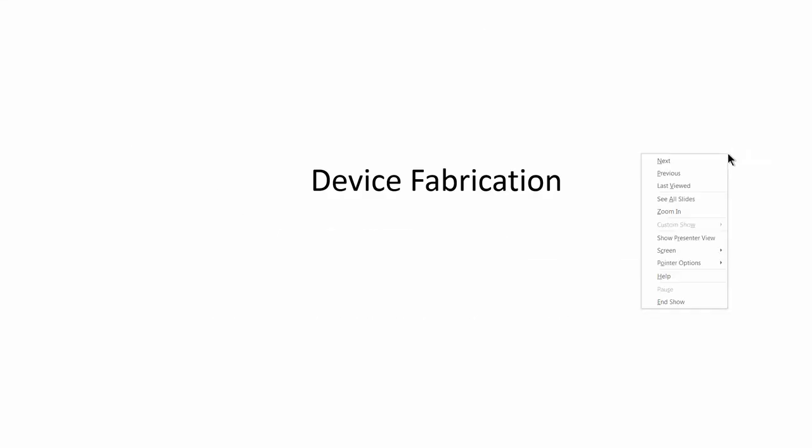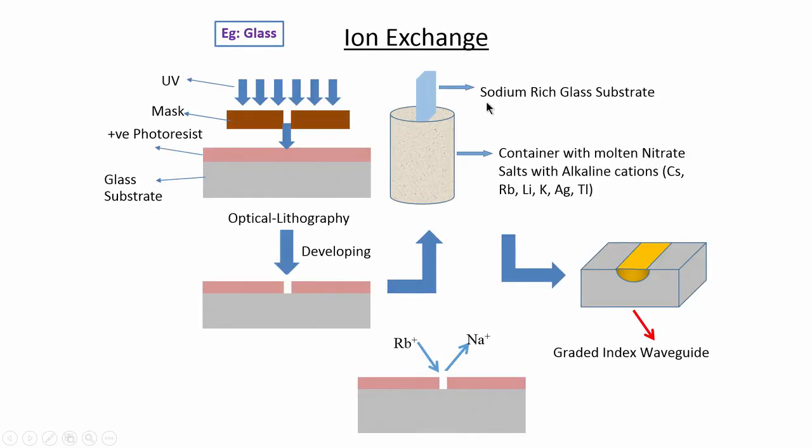So, let us look at a few device fabrication processes. Illustrated here is an ion exchange process, which is a typical example for glass optical waveguides. You can make waveguides in glass by using the ion exchange process. This is the device that is desired at the end, and you start with a glass substrate.